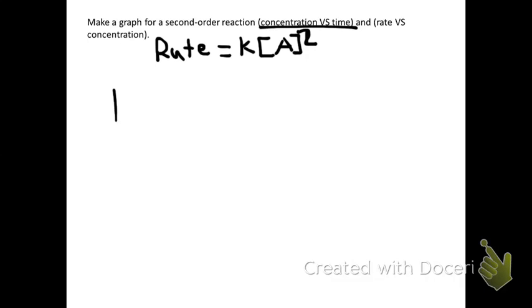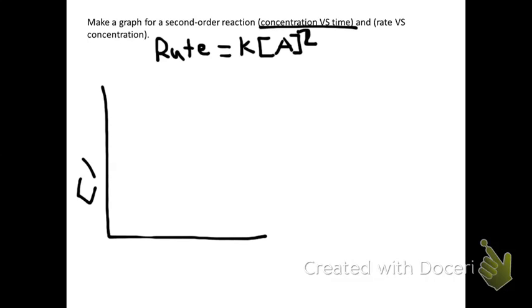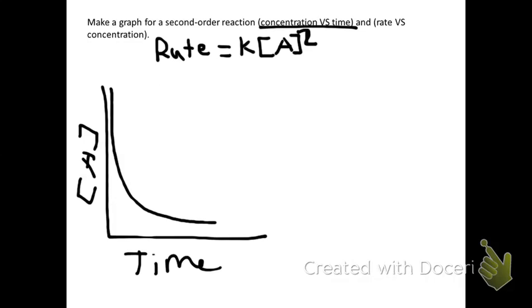And so if I was to graph this, you're going to have concentration of A over time. You are also going to get a downward curve, but it's going to be much steeper than you see for a first order.